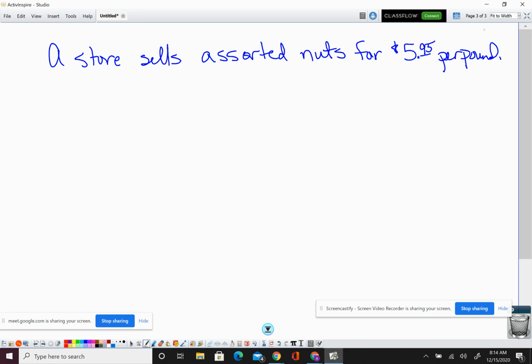Okay, so a store sells assorted nuts for $5.95 per pound. So per pound, that's representing the slope. So $5.95 times X. It doesn't say that you start out with 5 pounds or anything like that. So you're assuming that they didn't give you an initial condition.